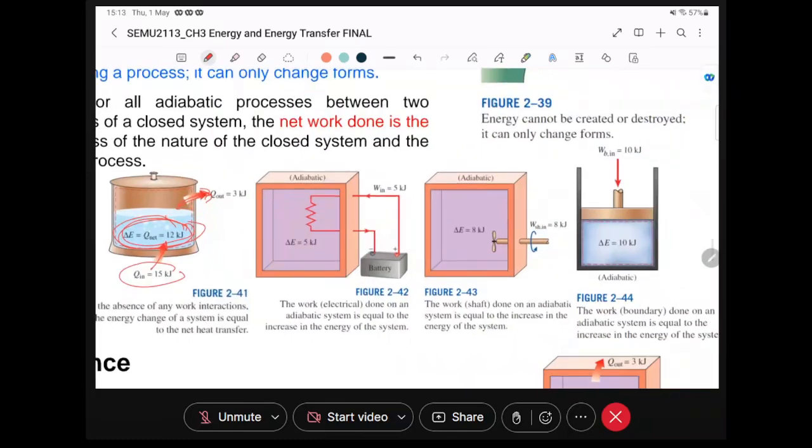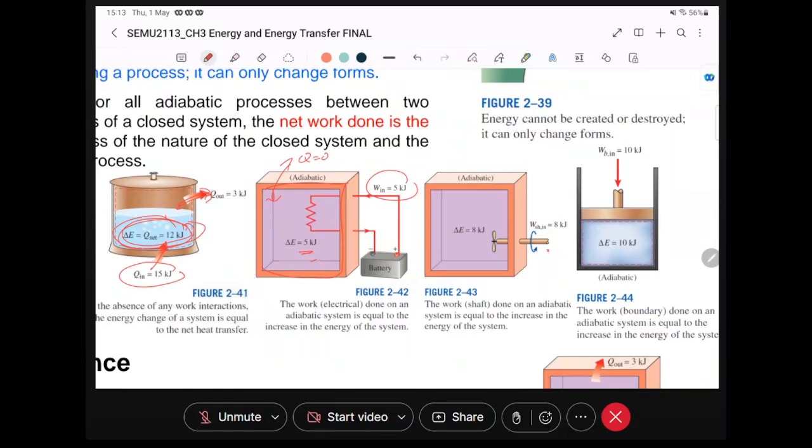Likewise, if it's heating up adiabatic, which means there is no heat transfer across the chamber, and you're doing 5 kilojoules of electrical work to the space inside the chamber, then the internal energy should increase by 5 kilojoules.